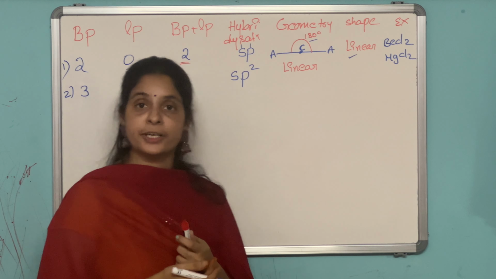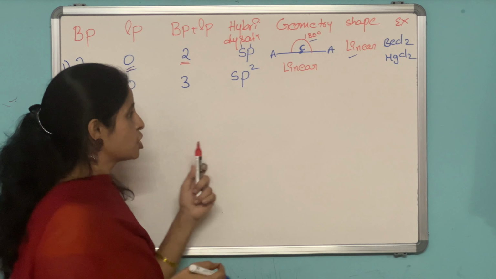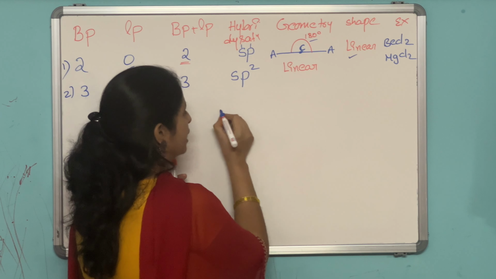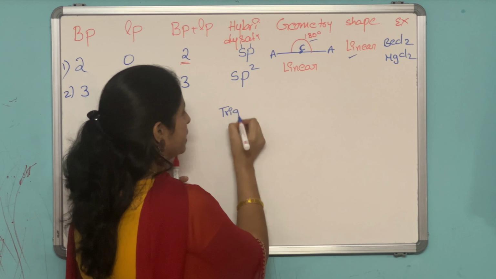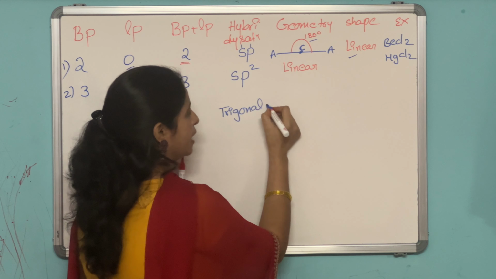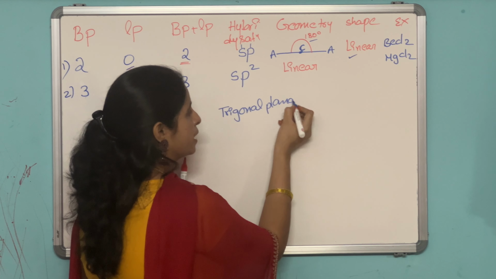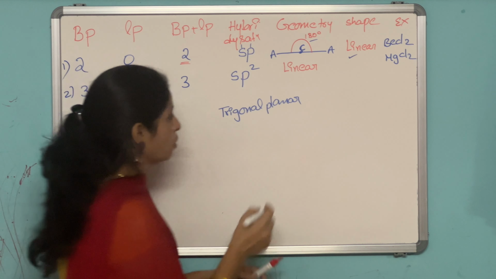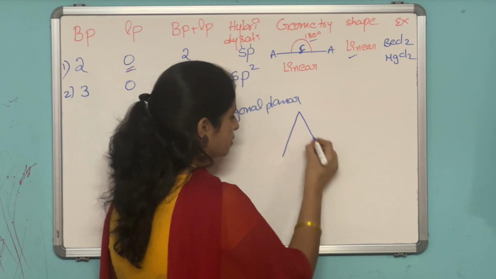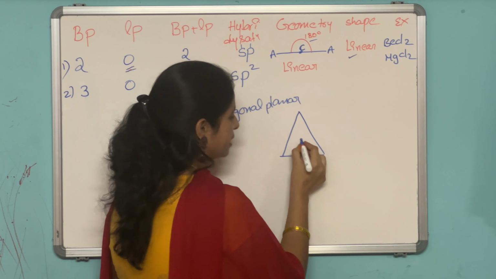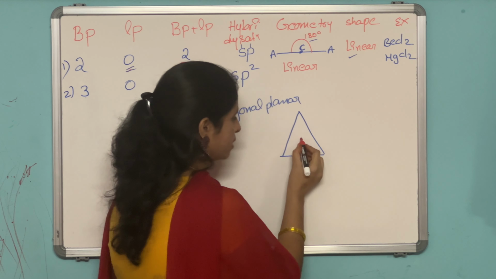If it is sp2 hybridization, what is the geometry? It is trigonal planar geometry. Trigonal planar geometry. So that will be like this, with the central atom here.